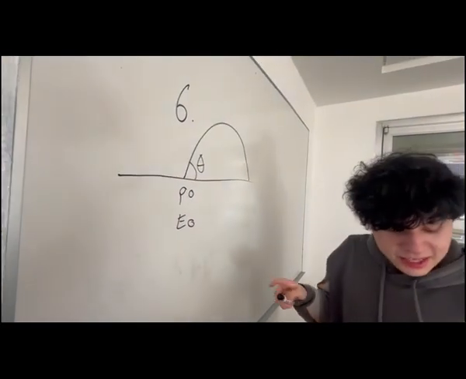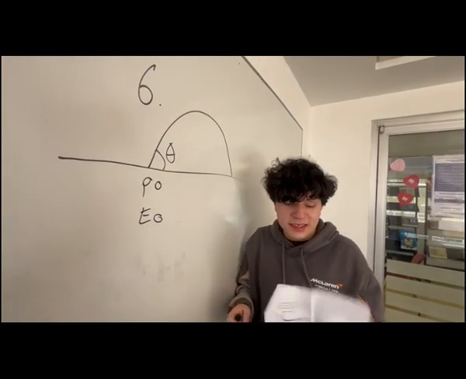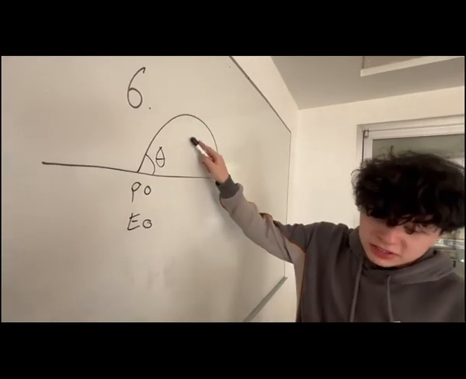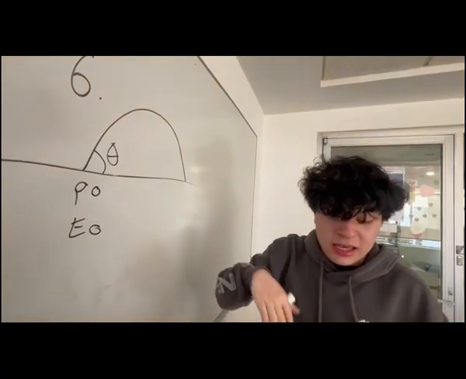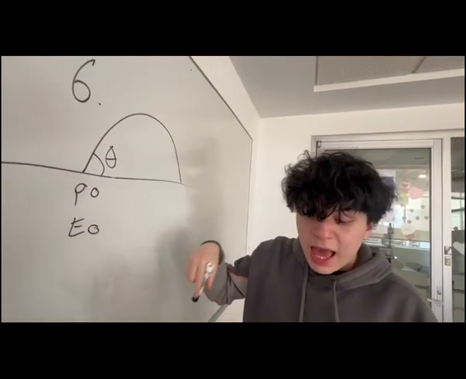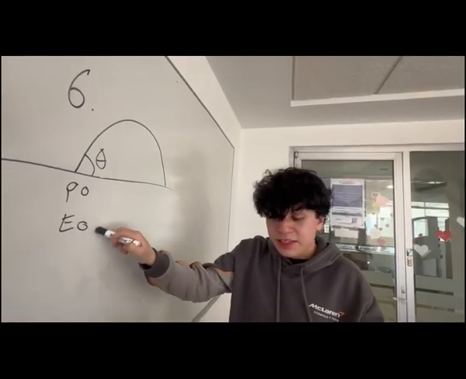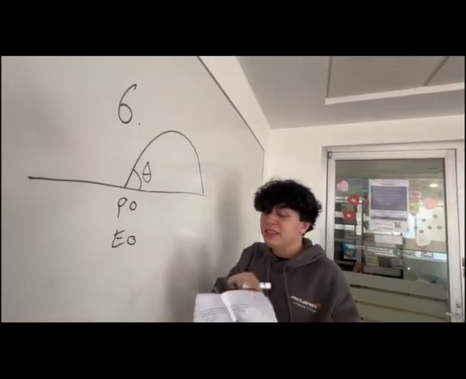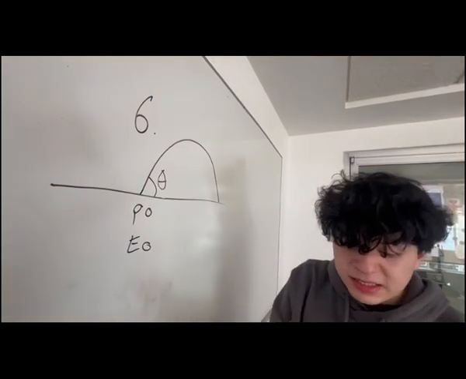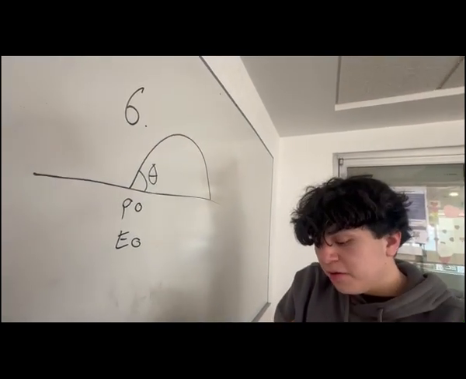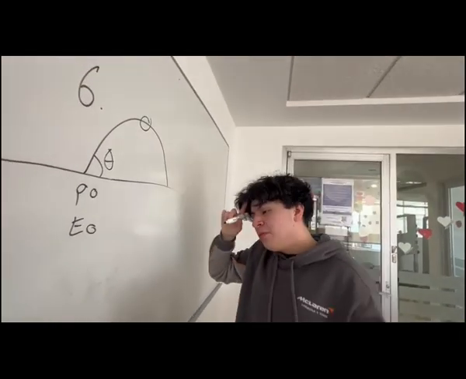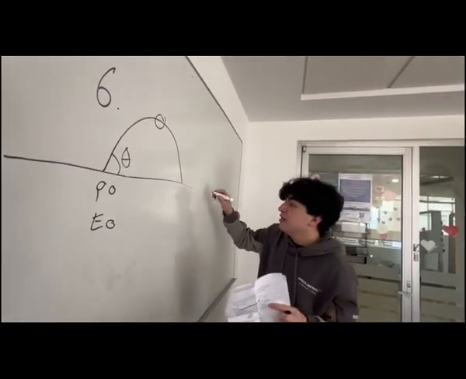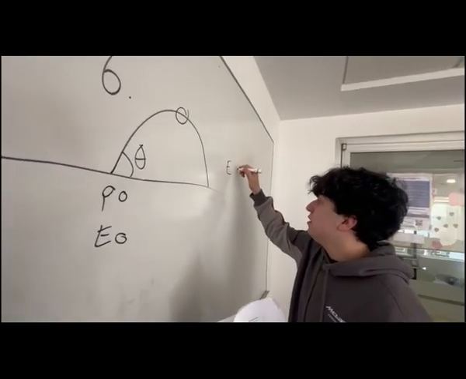So let's move to the sixth problem. This says a projectile is launched upwards at an angle theta to the horizontal with an initial momentum of P0 and an initial energy of E0. Air resistance is negligible. What are the momentum and total energy of the projectile at the highest point of the motion? We know by definition that the energy is conserved.